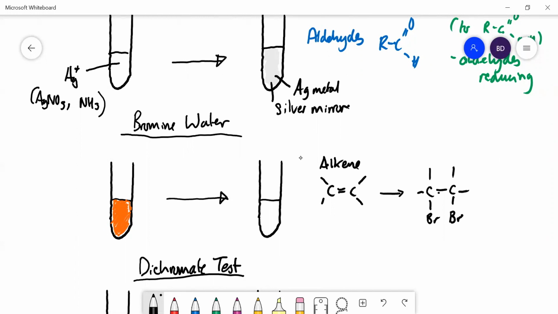This is a reddy brown solution, and it becomes decolorized. Don't say it goes clear. They want you to say it decolorized. It's clear already. It's brown, but it's clear. You can see through it.